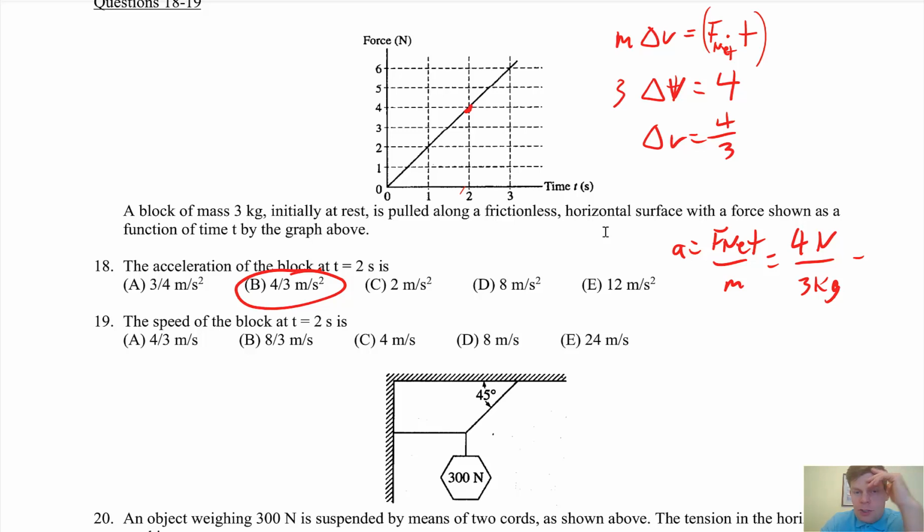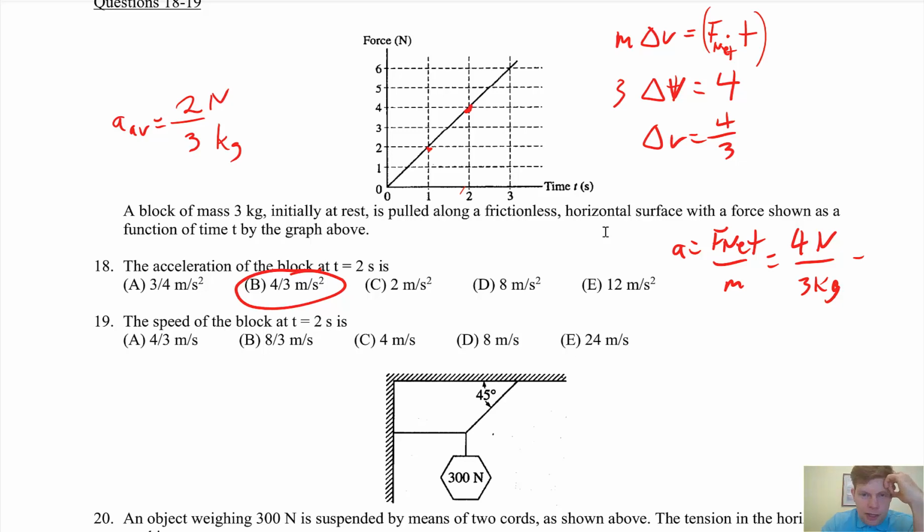Another way to do it is we can just use average force to find average acceleration. So on average, it went from 0 to 4 newtons. So on average, it was 2 newtons. So if we do 2 newtons divided by 3 kilograms, on average, it's accelerating at 2 over 3 meters per second squared. The average acceleration is 2 newtons over 3 kilograms, 2 newtons on average between 0 and 4.